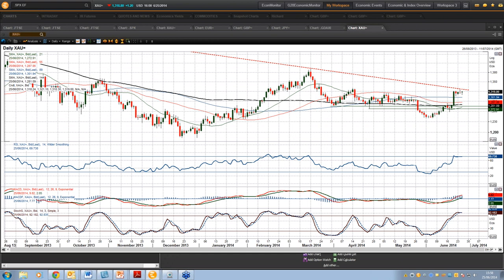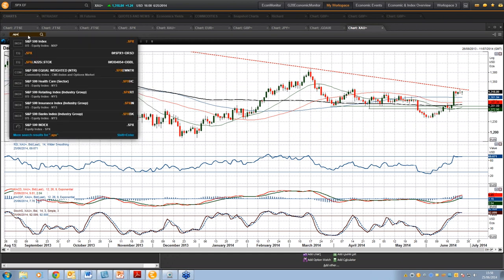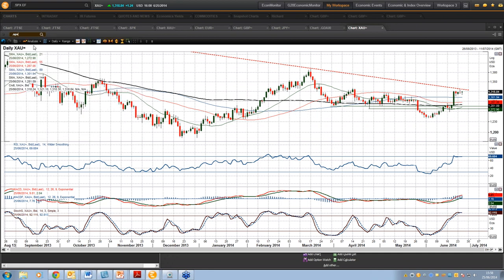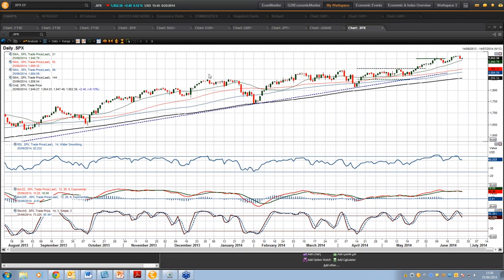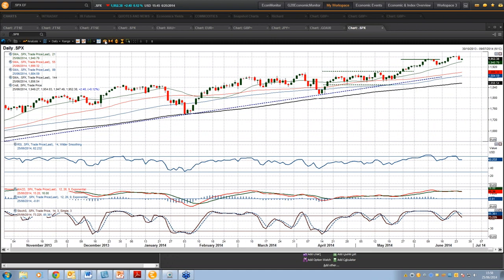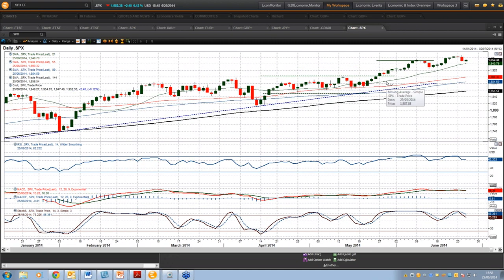Okay, so very quickly, S&P 500. As I said, you've got this bearish reversal. This moving average here, 21 days, not really. I was going to say, is it a base of support? Not really. I suppose you'd probably be looking back at the 55, which is this red one.